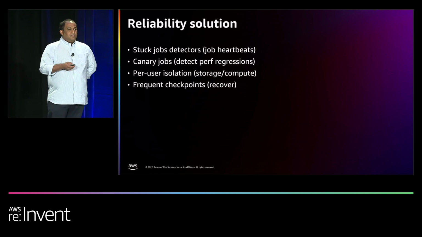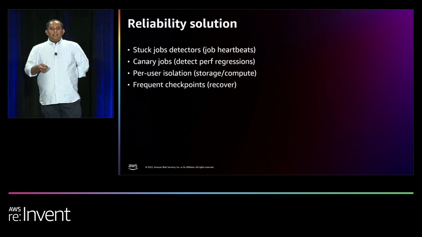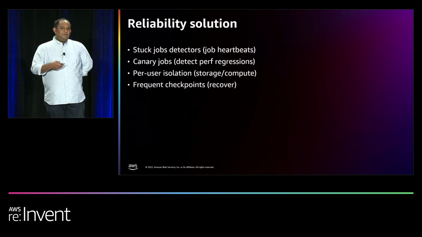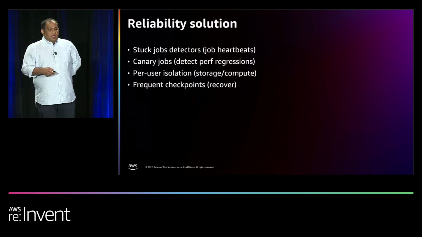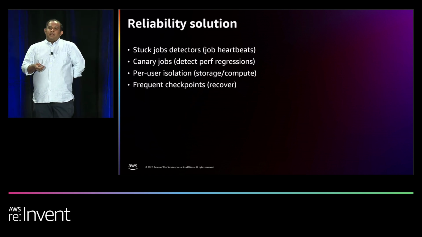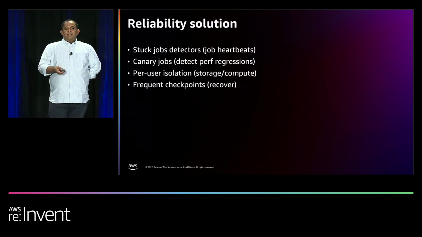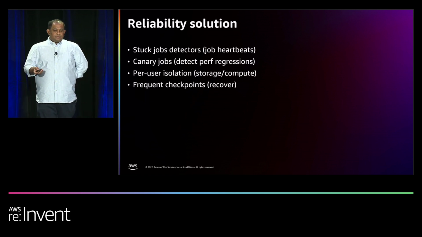For example, when you're training a large model, and your model needs a 128-node cluster, the edge case can actually kill 1 node, and your job is lost, and you lose the money. So that's why we want to make sure with the canary jobs, we are able to identify them. And as I showed earlier, we started to have per-user job-level isolation for both storage as well as compute.